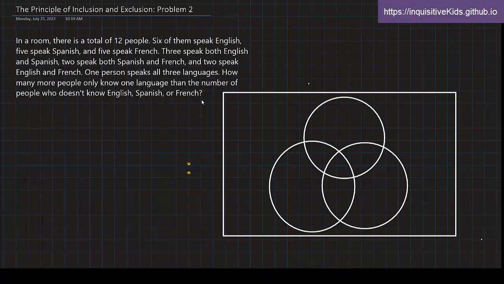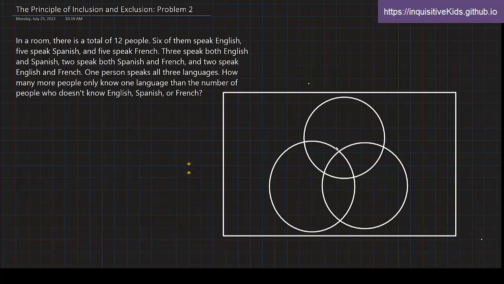And this would be outside of all 3 circles. So there is a total of 12 people, but that doesn't mean we write 12 in any parts yet, because it's a total. We want to know the specific regions.